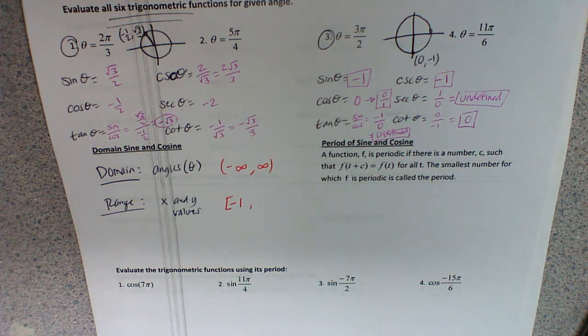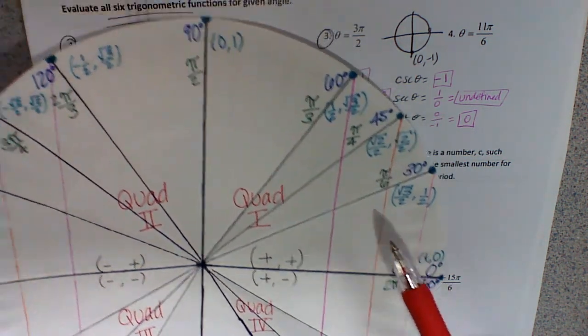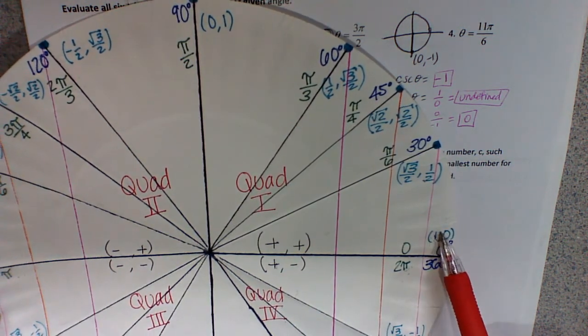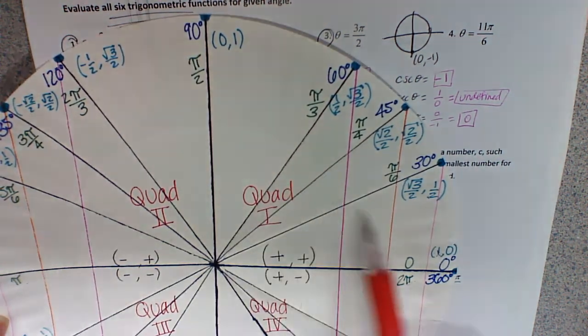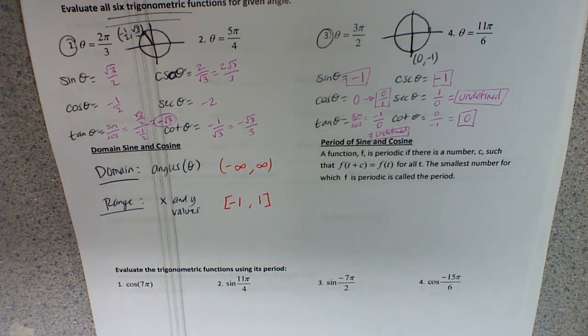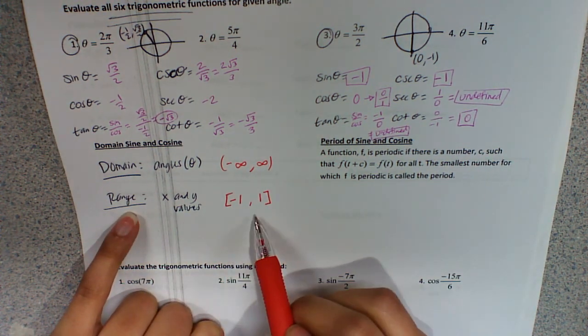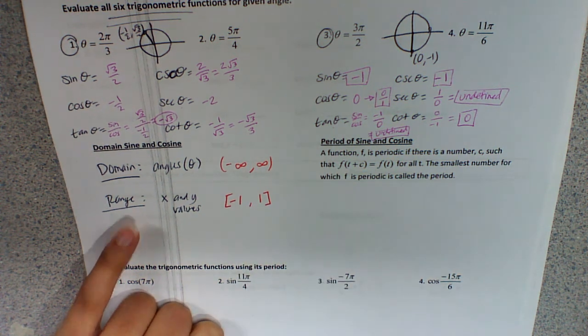And the greatest number on my unit circle, again, go through, and you'll find that the greatest number is +1 for both x and y. And so the largest number that I can find on my range for sine and cosine is +1. So domain is not restricted, but the range is from -1 to 1.